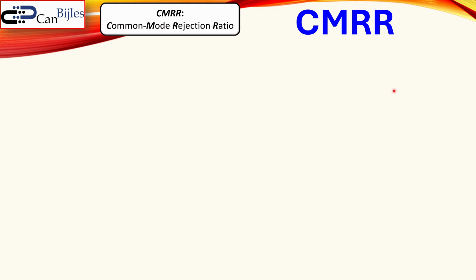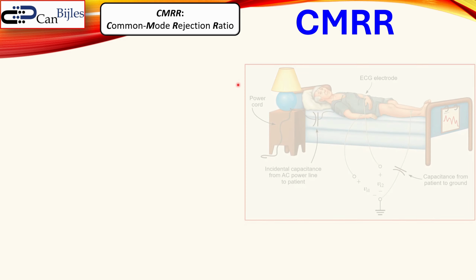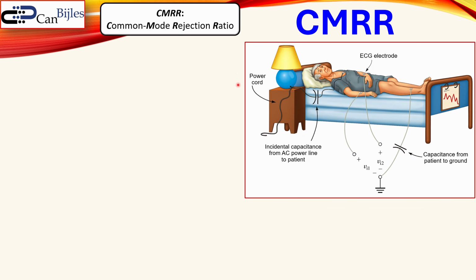Okay. The next one is a very important parameter, which is called the CMRR for short, and that is common mode rejection ratio. So what is all this about? Now you might have a patient lying here on the bed, and you have to measure, for example, the pulses on both hands.